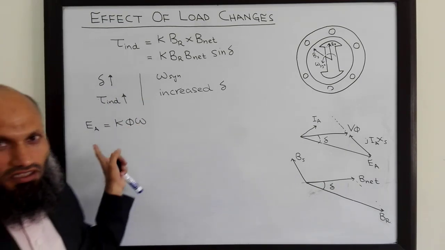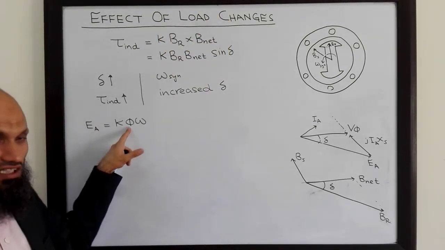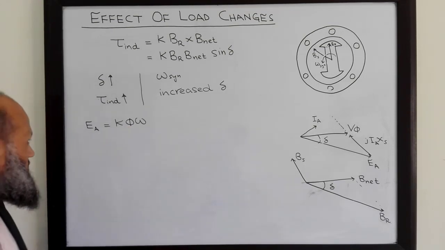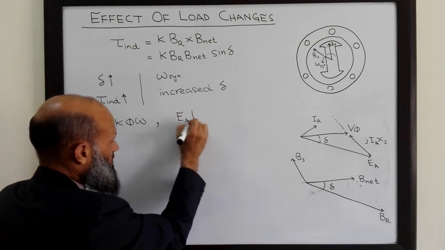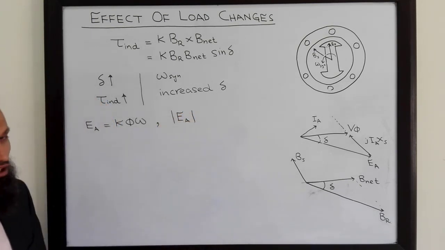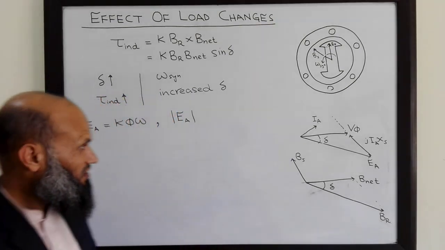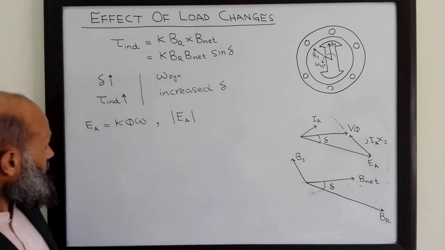That flux depends upon the field current, and changes in load have no effect on the field current, so flux is also constant. That means the magnitude of EA also remains constant. It is independent of the load. No matter how much load you have connected, the magnitude of internal generated voltage remains constant.